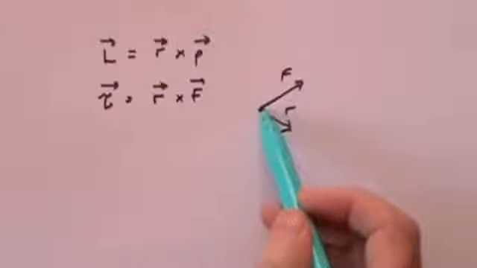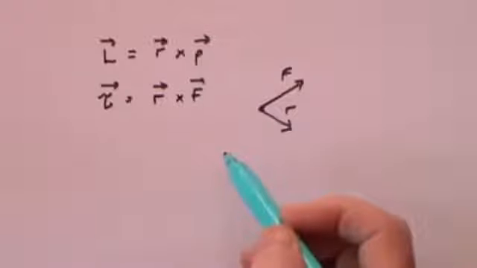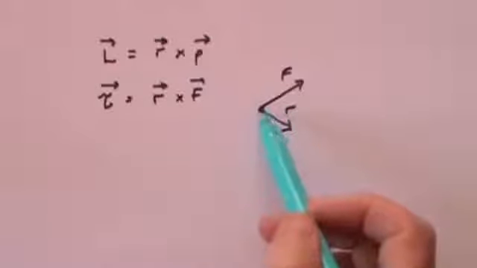So it will either come out of the paper or it will go into the paper. And I explained that what you do is you use the corkscrew rule. If the force is going to cause the system to twist clockwise, then the torque goes into the paper because a corkscrew would go in if it goes clockwise.